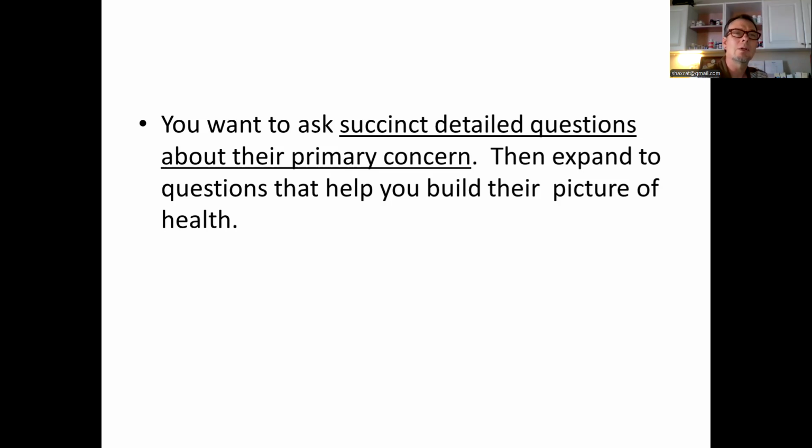You want to ask questions that are related to their primary concerns. If their primary concern is a cough, don't be asking them about their toenail fungus, okay? Because they'll probably say, I don't have toenail fungus. Just because your last patient had toenail fungus doesn't mean this patient has toenail fungus. So ask them about their primary concerns, okay?